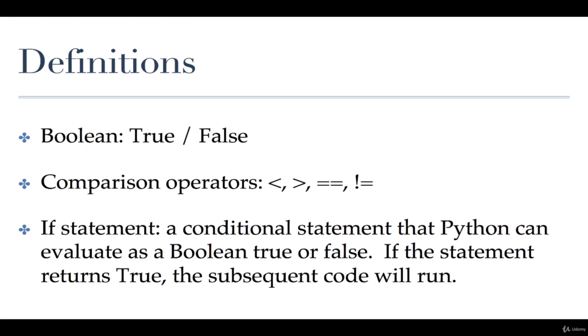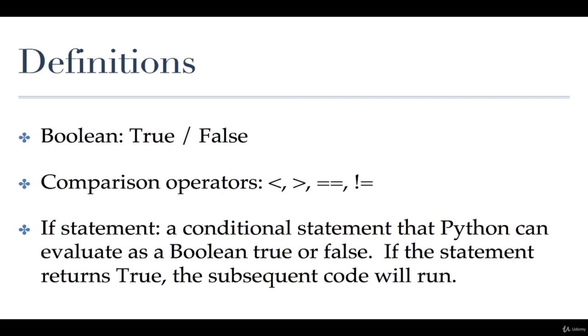So, lastly, an if statement is like a conditional logic that you can ask. Basically, you can get Python to make an evaluation of a comparison, and if that evaluation returns as true using this if statement syntax, it will run additional code that won't run unless it's true.